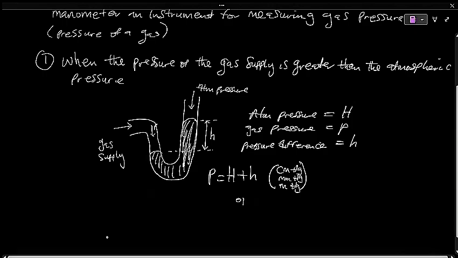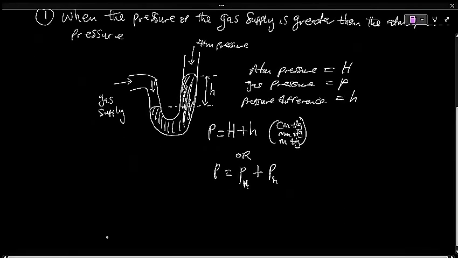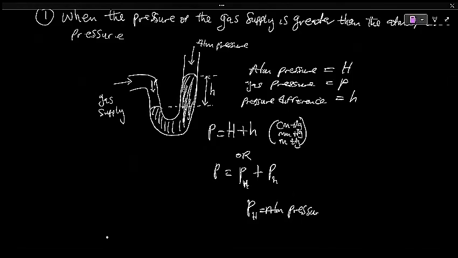Or it can be P equals P of H plus P of small h, where P of uppercase H stands for the atmospheric pressure in terms of its standard SI unit, Newton per meter squared or Pascal.